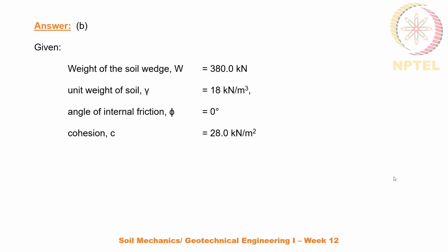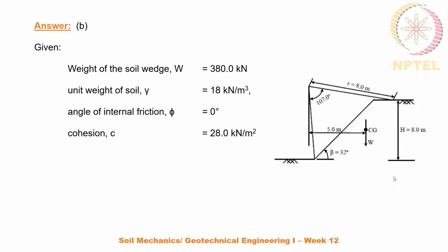So we'll see the correct answer is option B. And here we are given the weight of the soil wedge. W is equal to 380 kilonewton. Unit weight of soil gamma is equal to 18 kilonewton per meter cube. Angle of internal friction phi is equal to 0 degrees, and cohesion C is equal to 28 kilonewton per meter square. So, this is the figure given in the question.